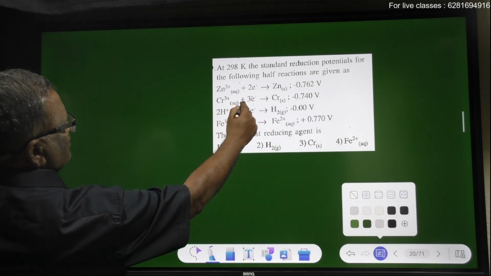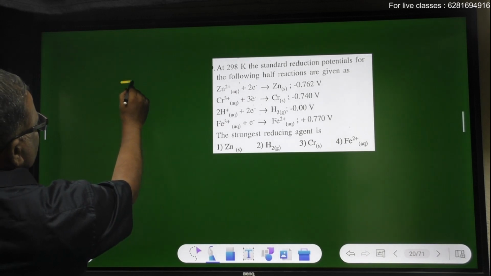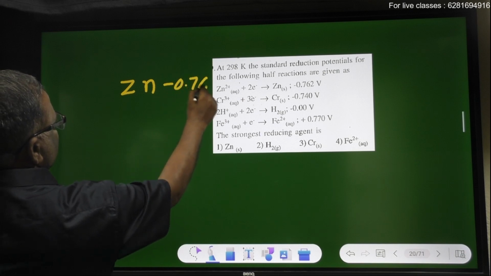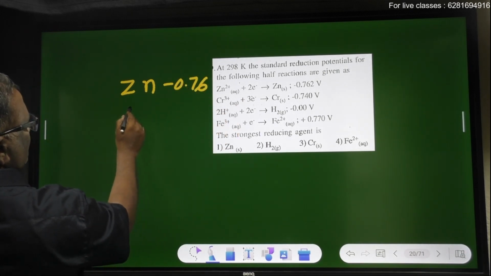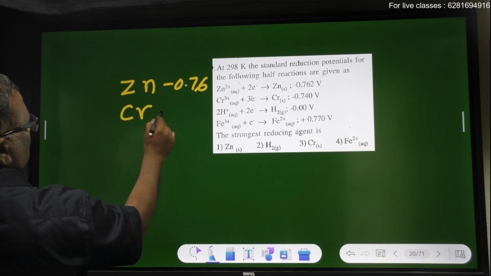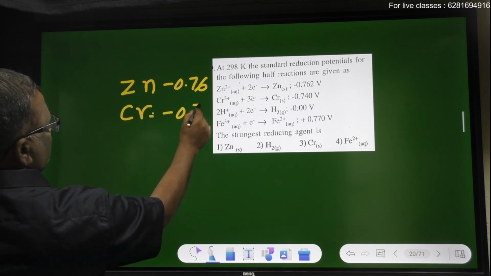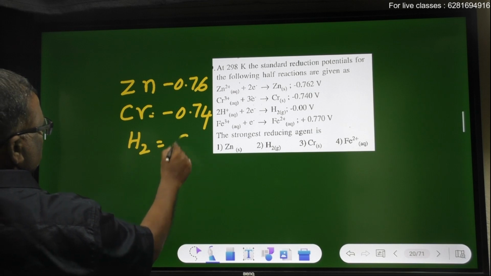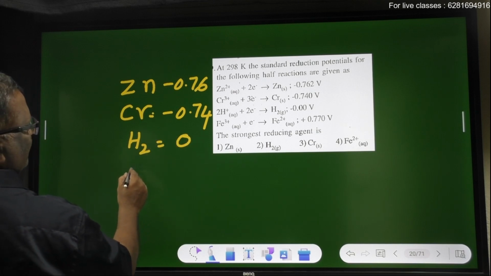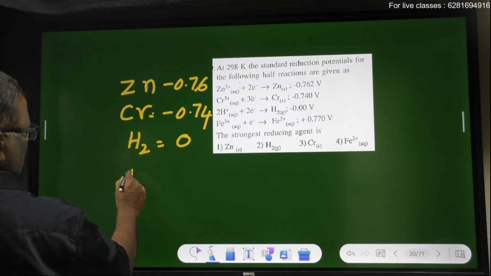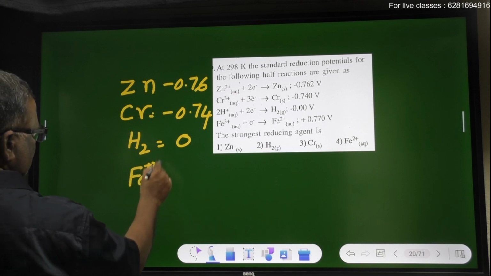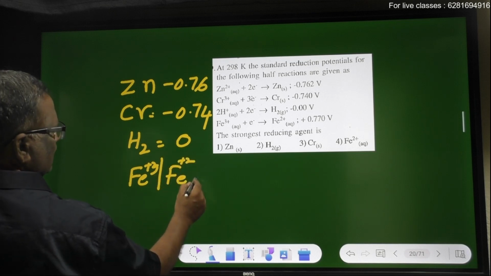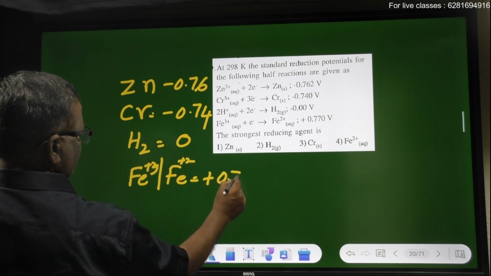Let us write the negative ones first: Zn is minus 0.76, then chromium is minus 0.74, then hydrogen is 0, then Fe plus 3 to Fe plus 2 is plus 0.77.